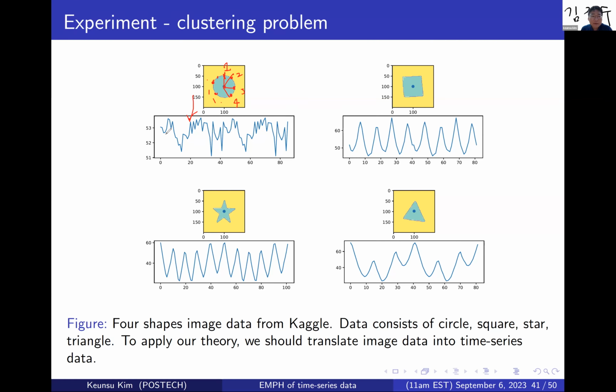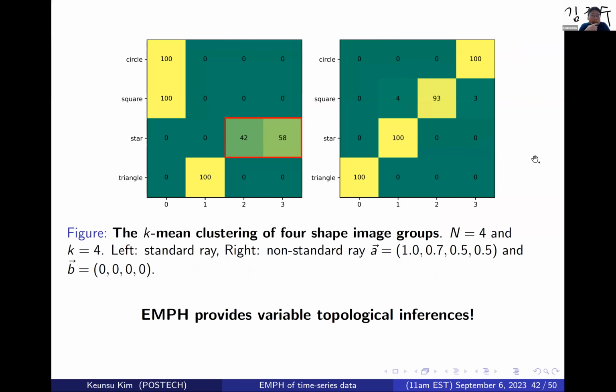Note that the fluctuation is lower than other shapes because the circle's radius is constant. So the fluctuation is small compared to other classes. And we apply k-means clustering.